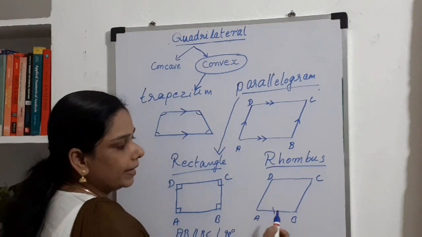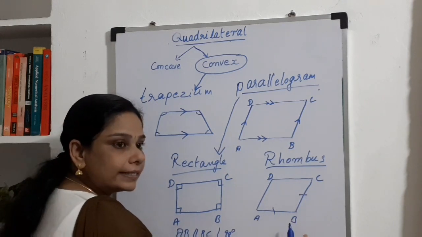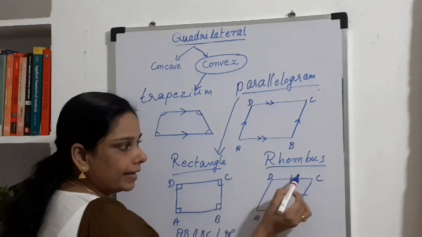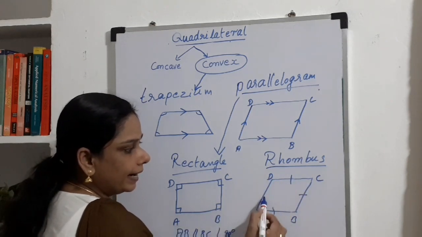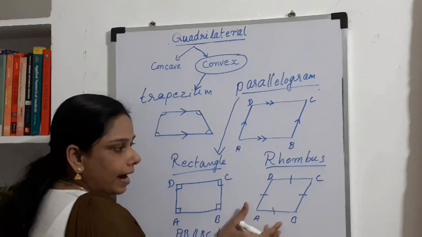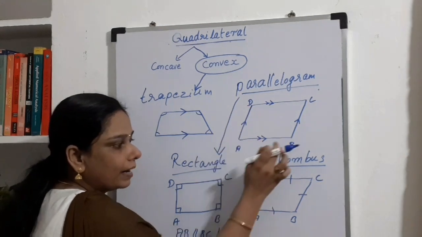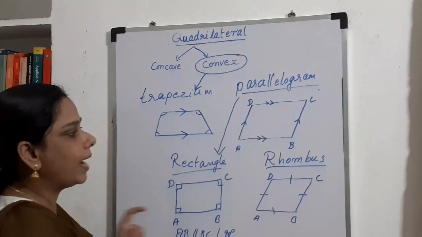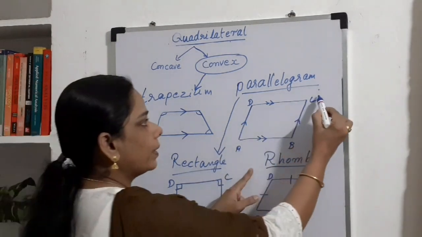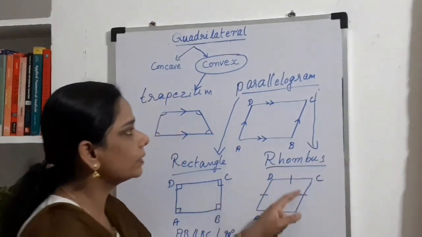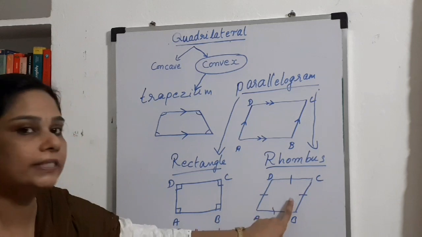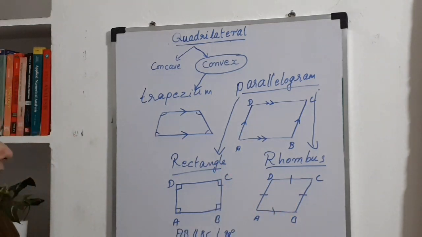So AB and BC have the same length, BC and DC have the same length, like that CD and AD have the same length. Adjacent sides of this parallelogram have equal length. We can call that parallelogram a rhombus. So a rhombus is also a parallelogram with all four sides of equal length.